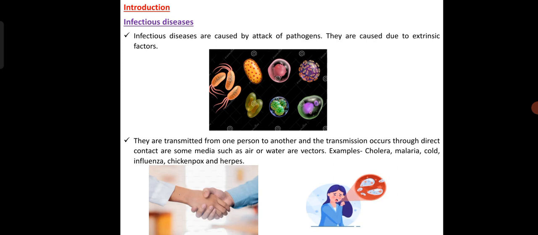In this picture, different types of pathogens are shown. These infectious diseases are transmitted from one person to another, and the transmission occurs through direct contact or some media such as air, water or vectors.